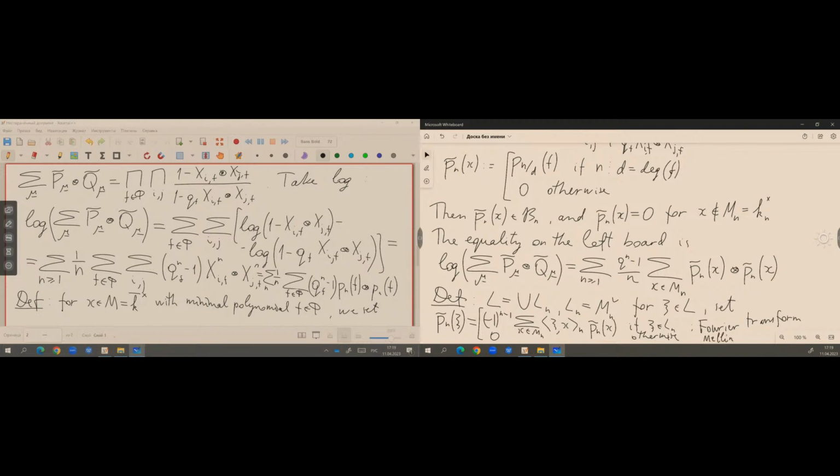I mean, Fourier transform is usually understood over an additive group, and this is over a multiplicative group, so it's rather Mellin transform. There is a notion of Fourier transform for arbitrary abelian groups, but if it's applied to multiplicative groups, it's sometimes called Mellin transform. Okay.